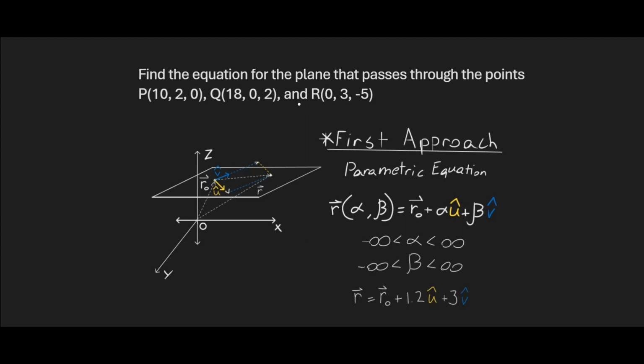To get the entire plane, alpha and beta will range from negative infinity to infinity. This approach is also similar to what we saw in the first video for the equation for a line, except that in this case, it's a 2D plane.